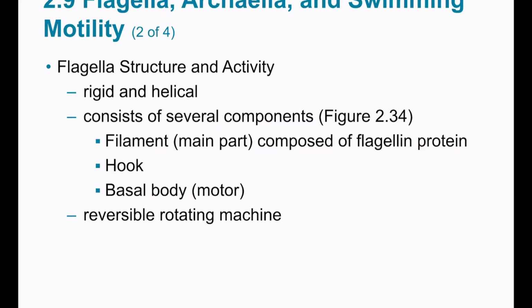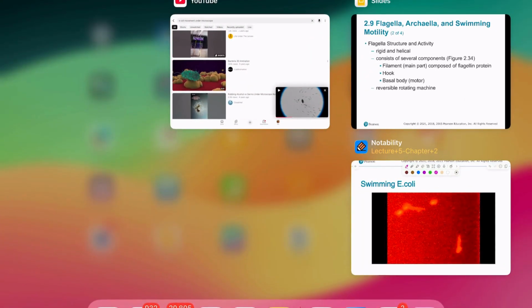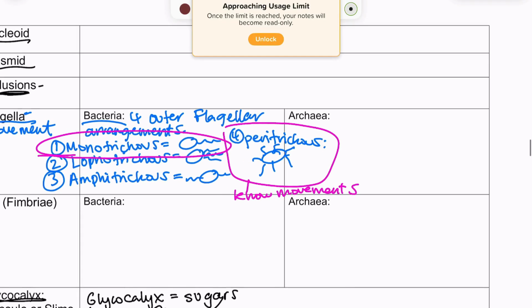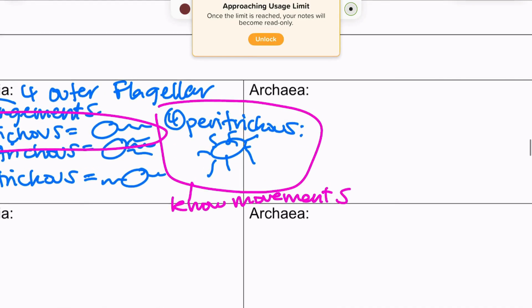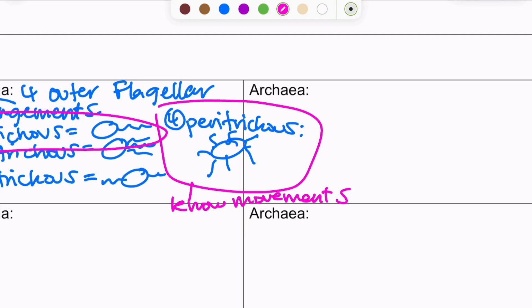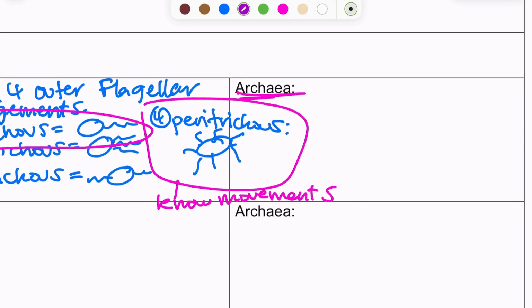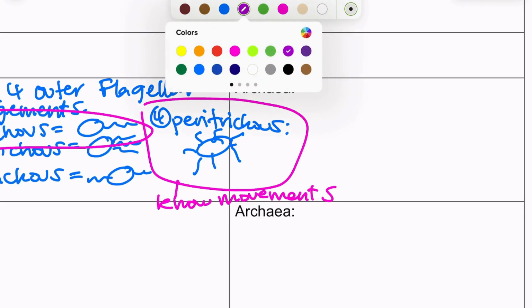Okay, all right, the next one is going to be Archaella. So Archaea have a flagella, but it's not called flagella. Archaea have something called Archaella.